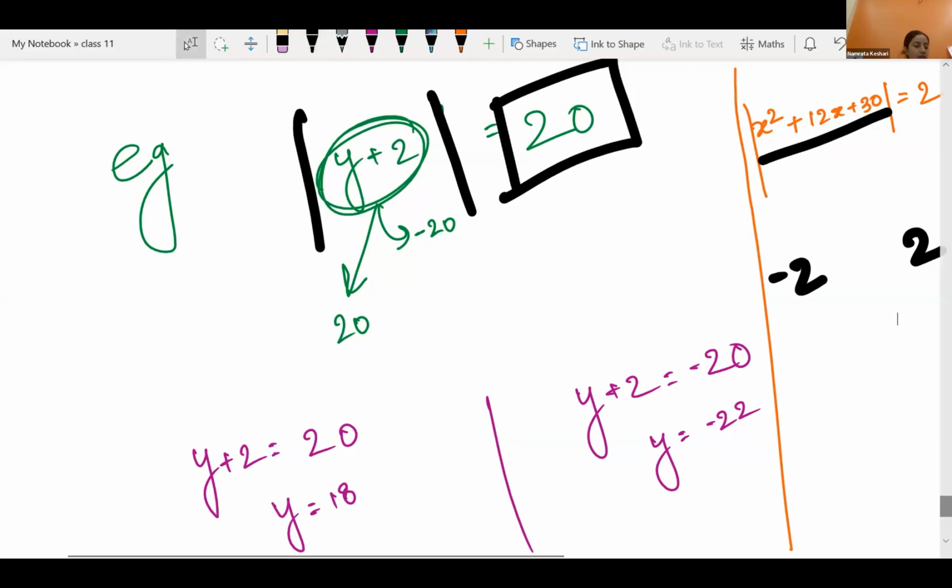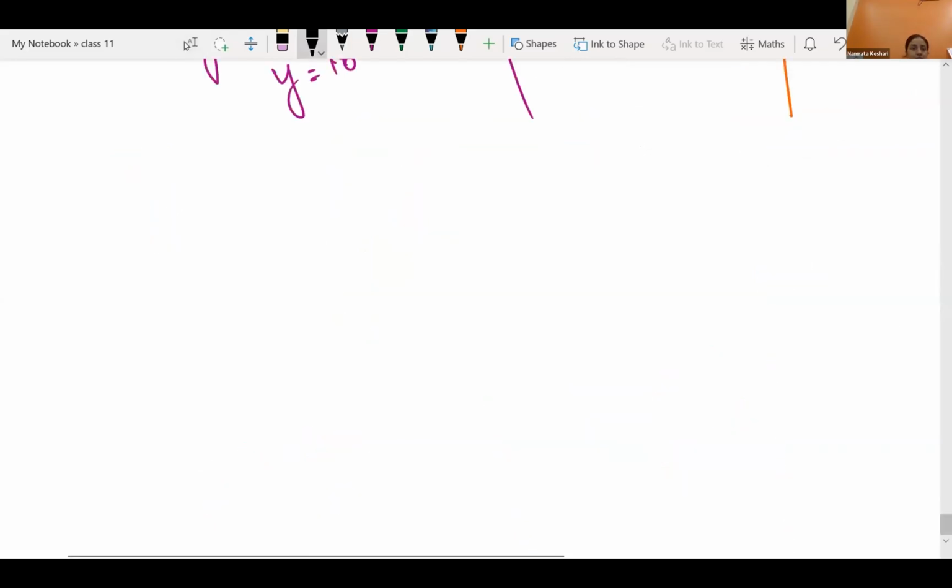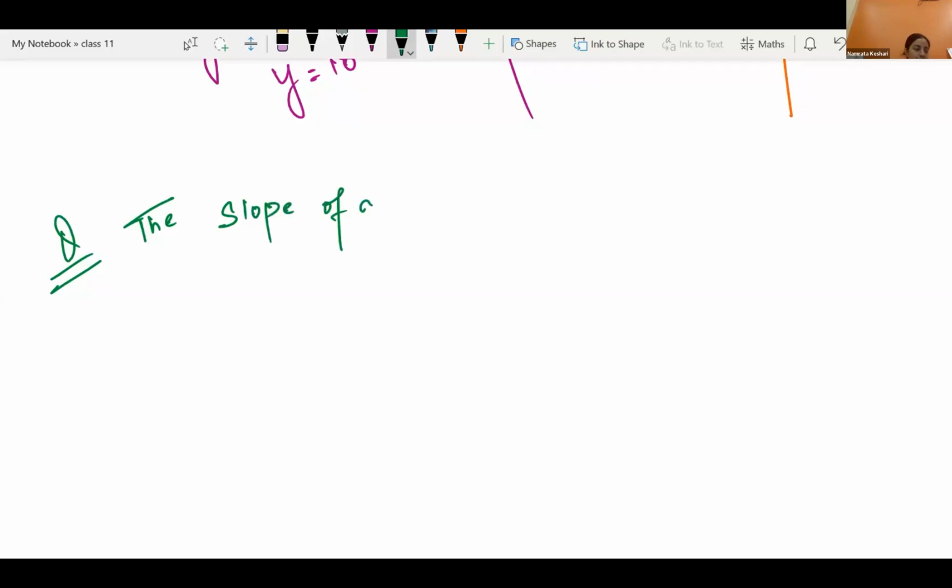Now, let me take a few more questions like this. The slope of a line is double the slope of another line.